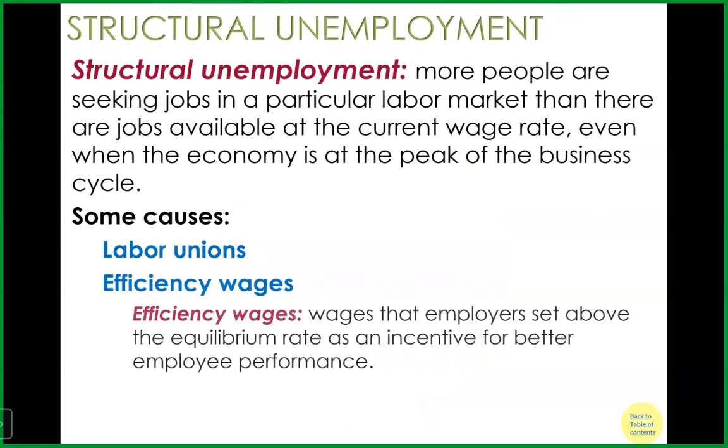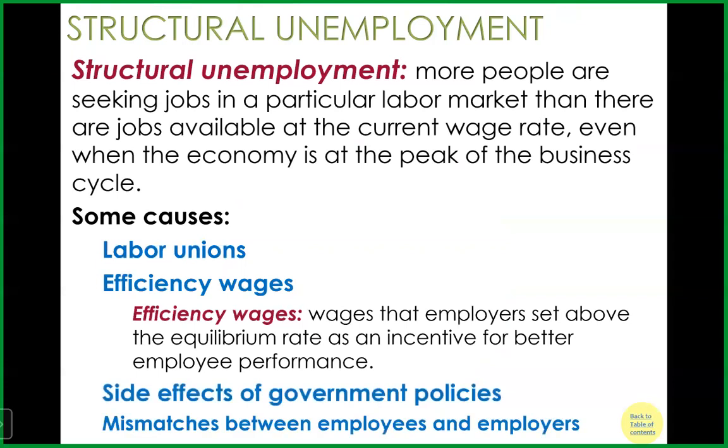Now, the second type of unemployment is structural. This unemployment is caused by some structural reason in the economy. Here we have a few examples. Labor union: essentially, the labor union is going to create a price floor.